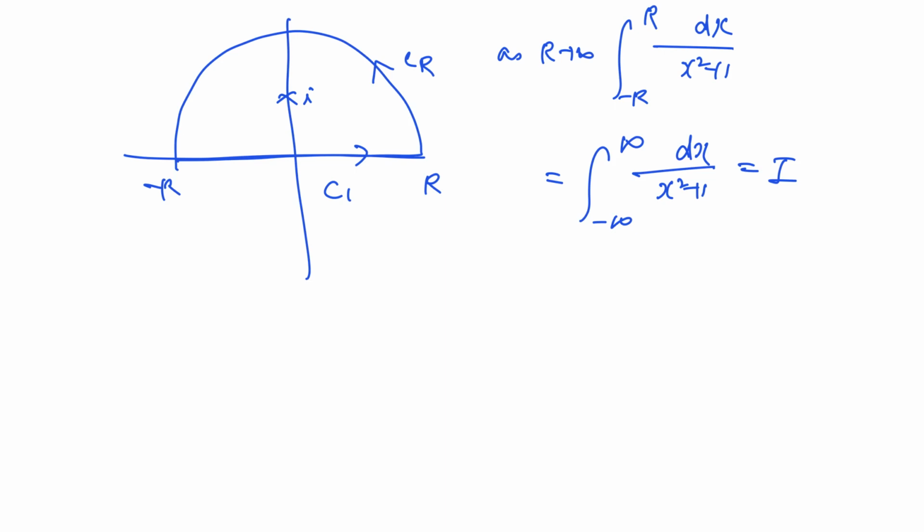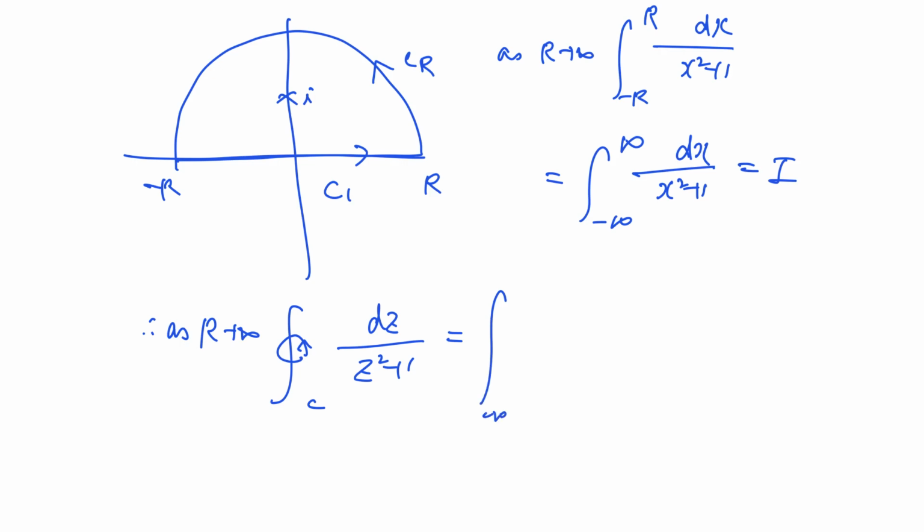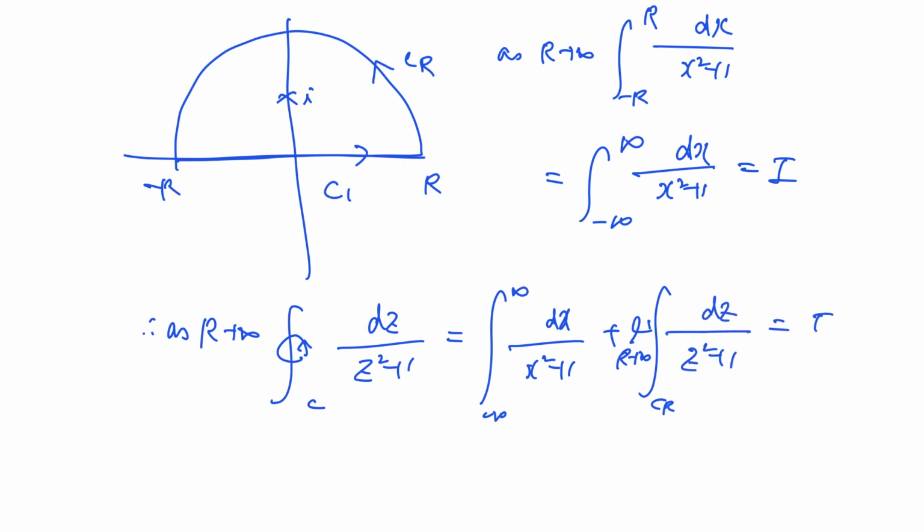So as R goes to infinity, this whole contour integral of 1 over z squared plus 1 dz is the integral from minus infinity to infinity dx plus the C_R integral.